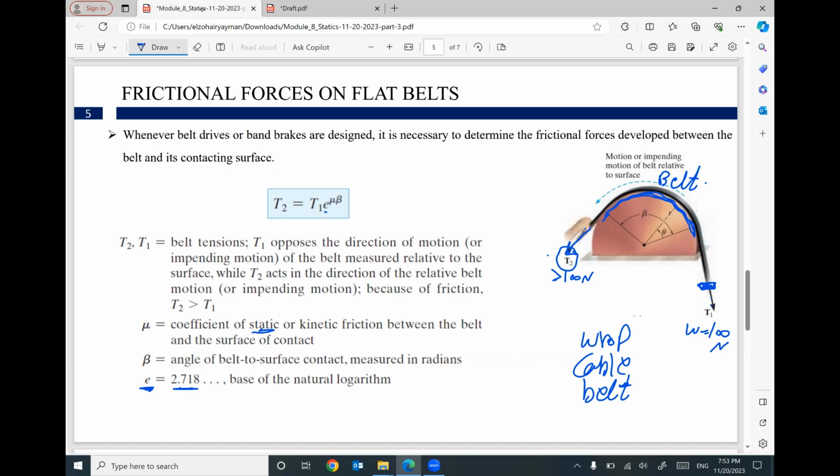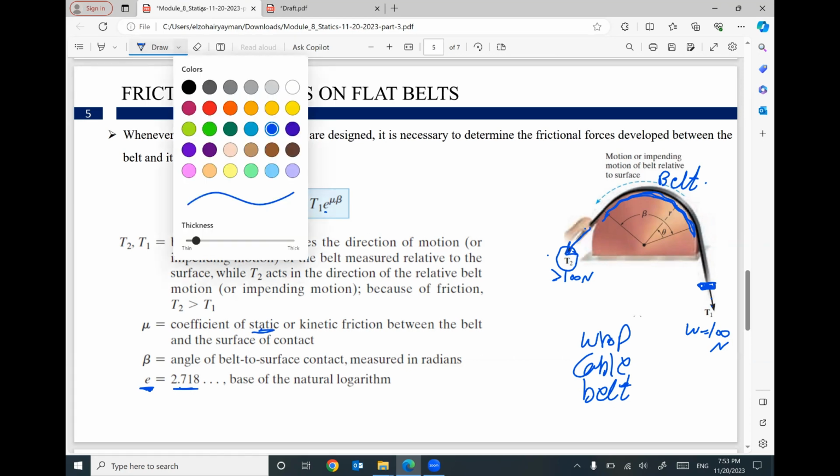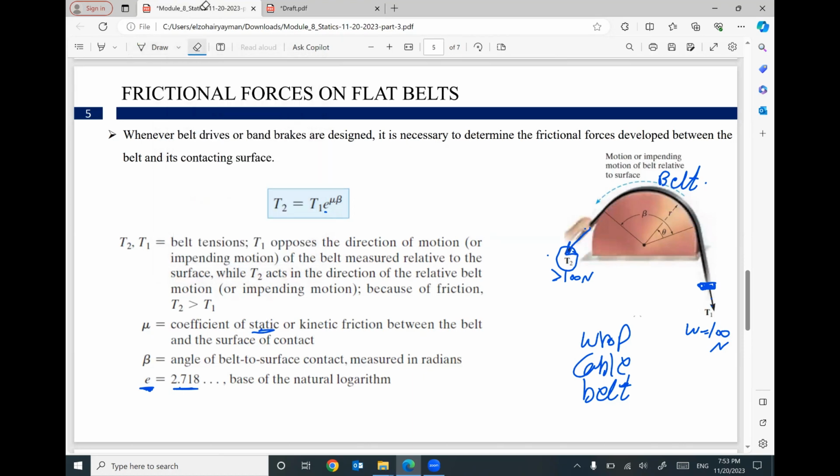And beta is a very good parameter. If you look at this surface, we have the perpendicular to force T2 and the perpendicular to force T1. The two lines will intersect, creating an angle in between. This angle equals beta. And we are going to use this value beta in radian format.